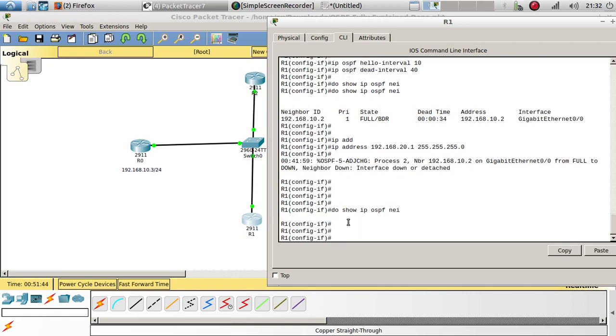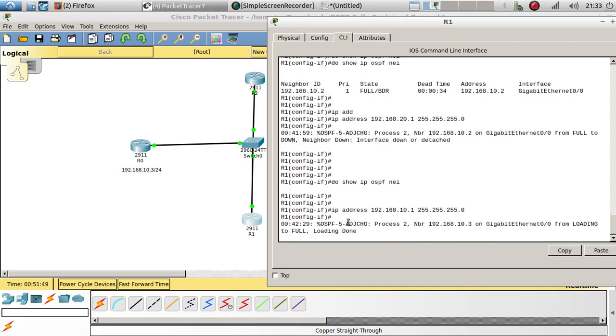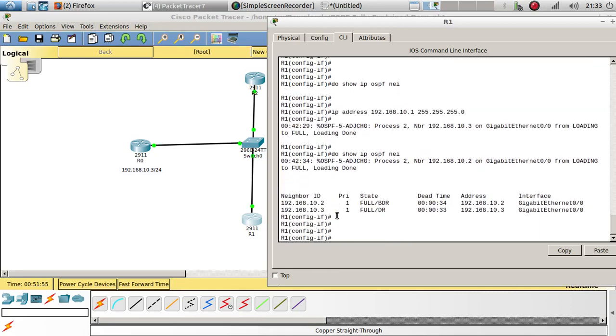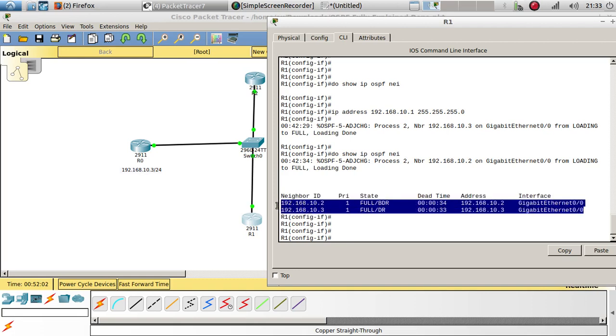You can see that we have no neighbors. So if we put it back to 10.1, we are able to form a neighbor relationship. You can verify that by doing show IP OSPF neighbor, and you can see right here that we have a neighbor relationship. So that is another one.